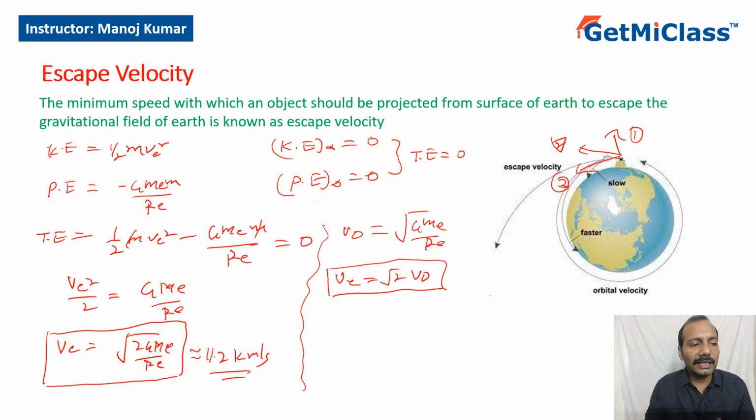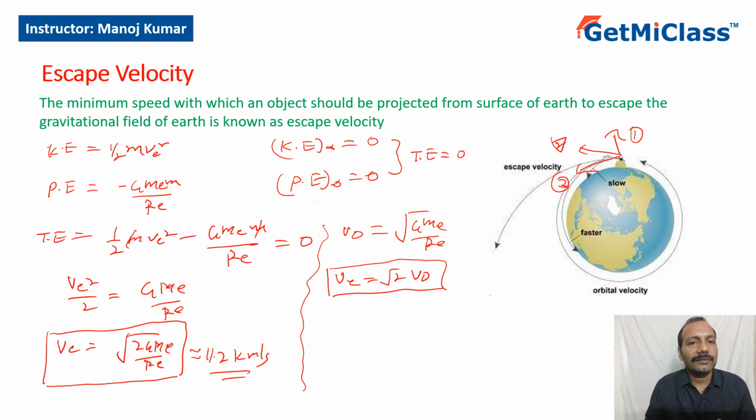So that is what is there in orbital velocity and escape velocity. Let's have a quick review of what all things we have seen. We have seen what is orbital velocity. Orbital velocity is the velocity at which a satellite moves around a planet, and it depends only on the mass of the planet and the radius of the orbit. It doesn't depend on the mass of the satellite or the radius of the planet.